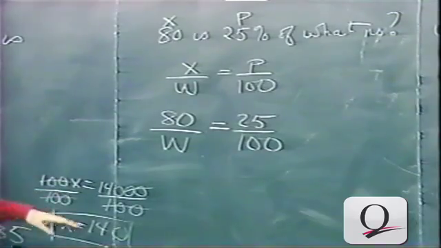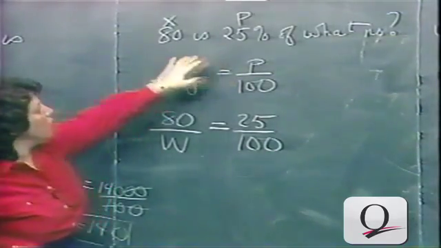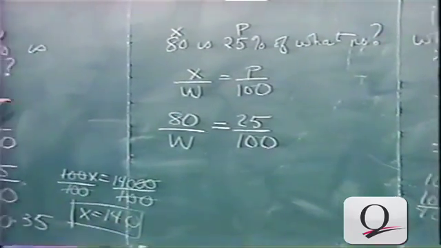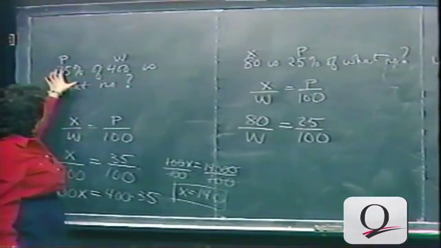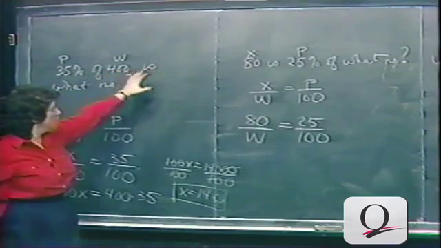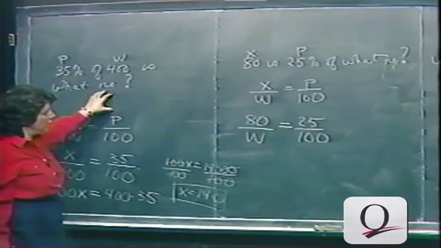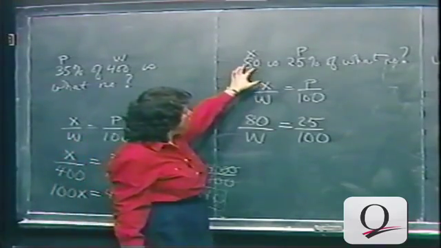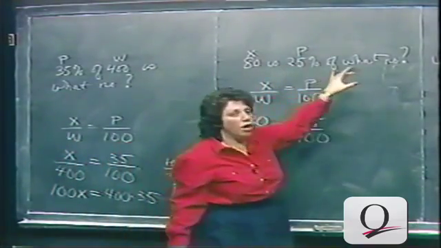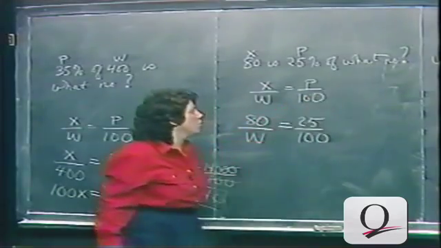Please notice the difference between this problem and the one we just had. That one said 35% of 400 is what number? 35% of the whole is the part. Here, the part is 25% of the whole, and the whole is what we're looking for.